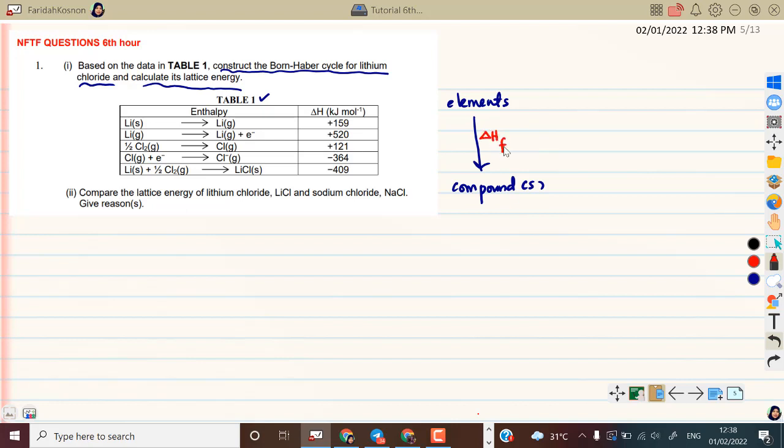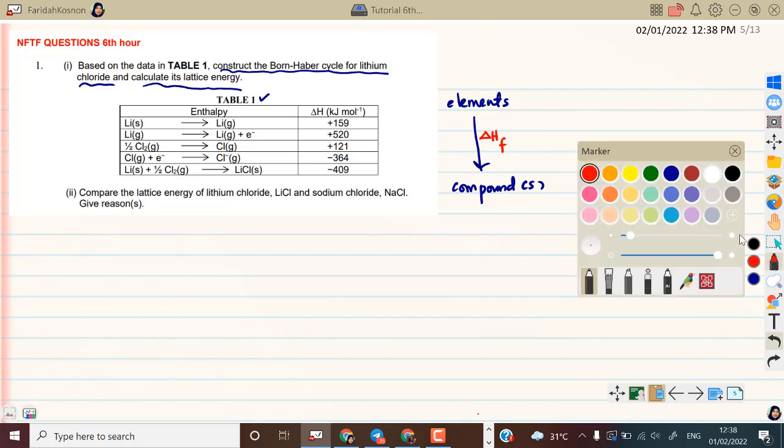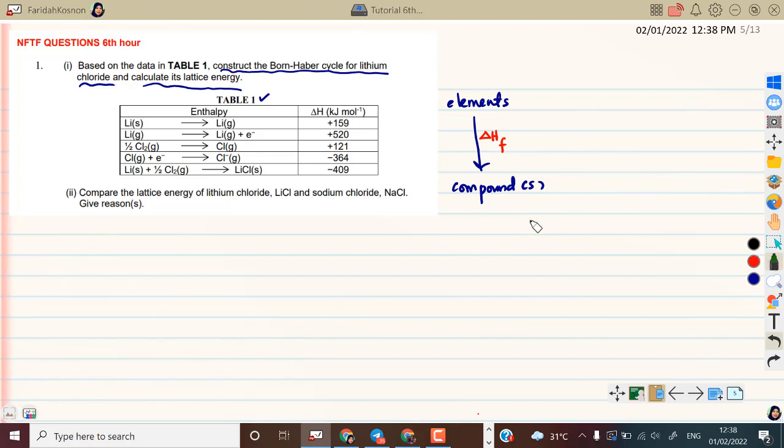Ini secara asas. Okay, but actually the transformation ataupun the conversion of elements to its compound juga melibatkan beberapa series of step where elements can be converted first to its gaseous atom, atoms in gaseous phase. And this process involve enthalpy change, which is called enthalpy of atomization.